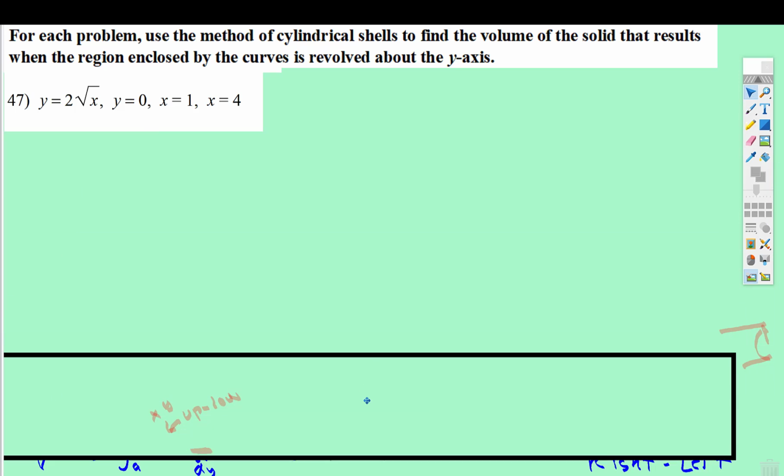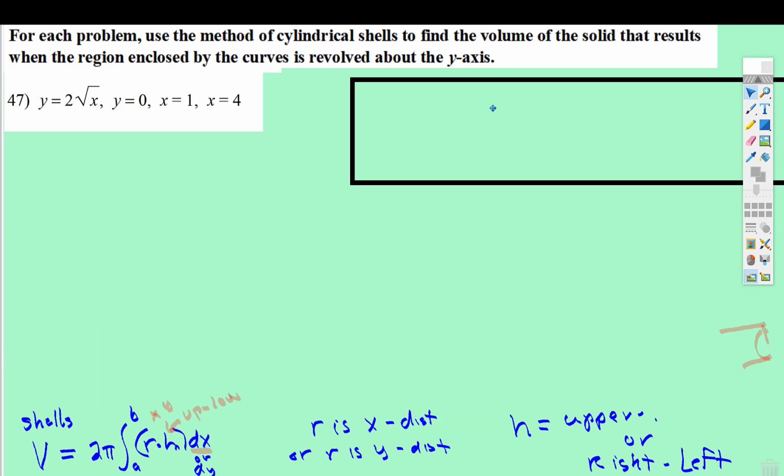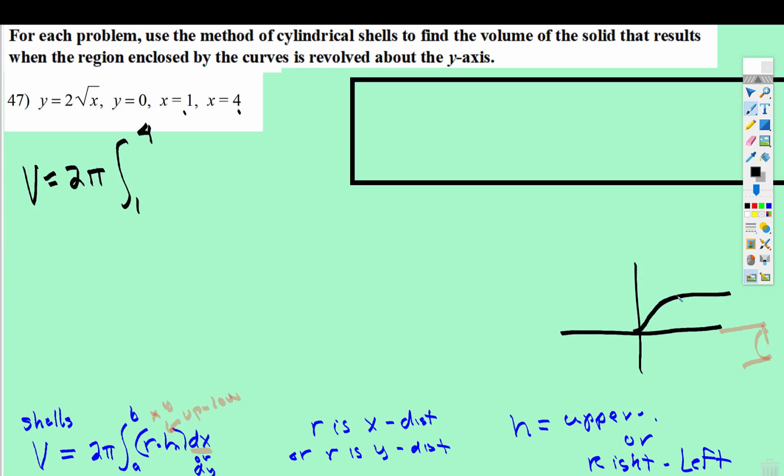This one, we're just rotating about the y-axis, so we don't have to worry about a shift. So let's go ahead and get started. Oh, I better leave this out there so you can see what I'm doing. So volume equals 2 pi. Here's our lower, here's our upper, from 1 to 4. And remember what we decided when we drew the cylinder.